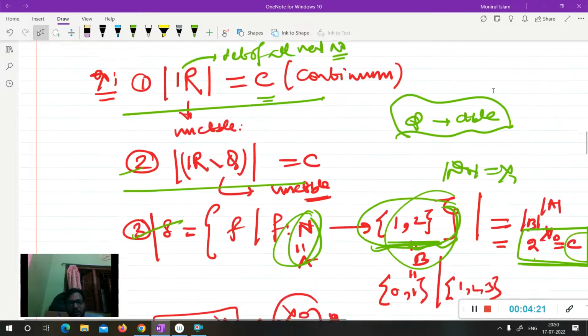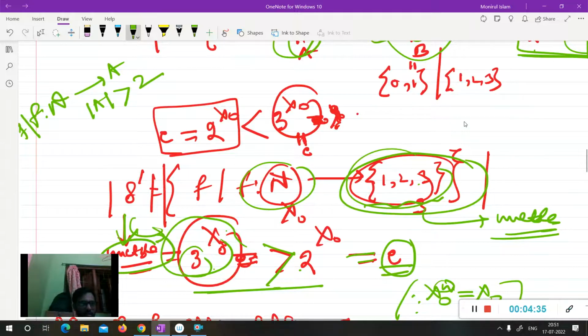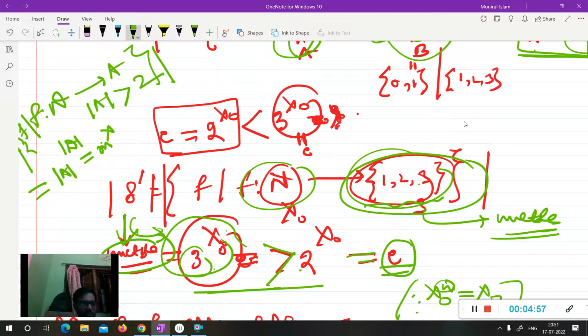In the end, in general, if there is a mapping from the natural numbers to a set A, and the cardinality of A is greater than 2, and you consider the collection of all those mappings, then this gives a set having uncountable cardinality, because the cardinality is cardinality of A to the power cardinality of N. Suppose the cardinality of A is m, where m is greater than 2, and the cardinality of N is aleph naught. Here m is the cardinality of A, I am assuming.